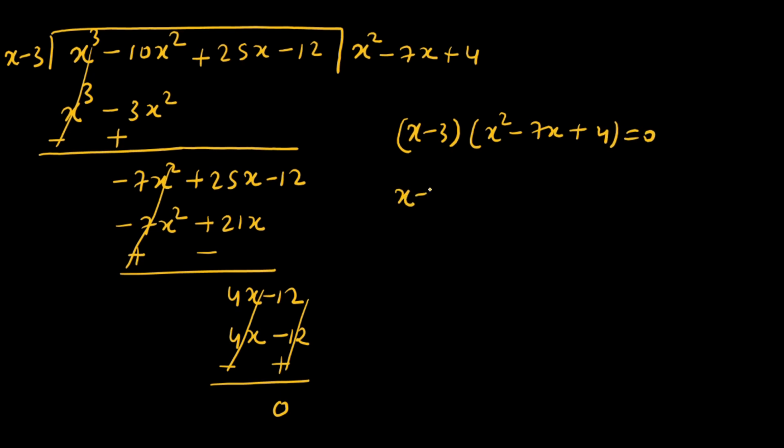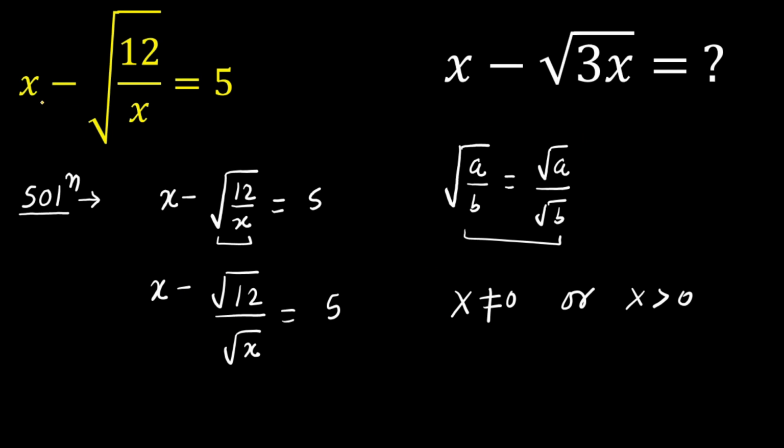Then x minus 3 equals 0, and x squared minus 7x plus 4 equals 0. Here x equals 3. But look carefully, the given equation is x minus square root of 12 over 3 equals 5.